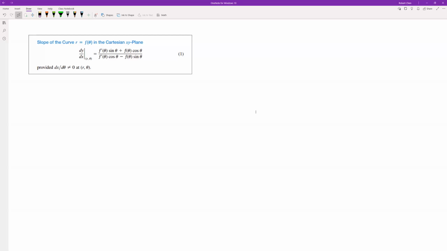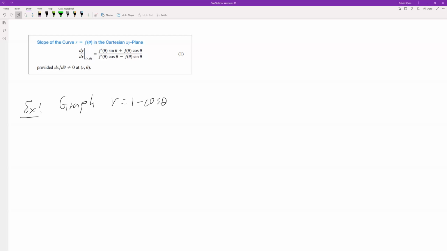So we need this formula to find the slope, or dy/dx. In the textbook, it shows why we cannot just use df/d theta to represent the slope. If you're interested, you can take a look at that. But this is the formula we're going to use to find the slope of the tangent line.